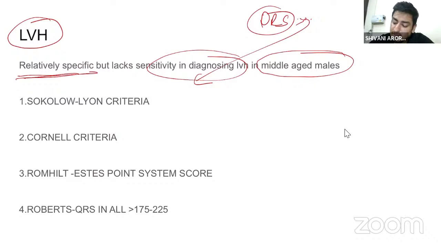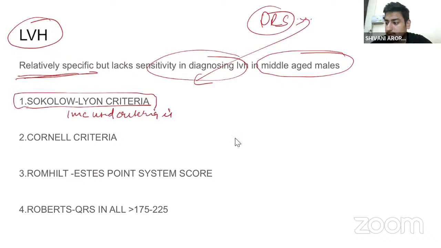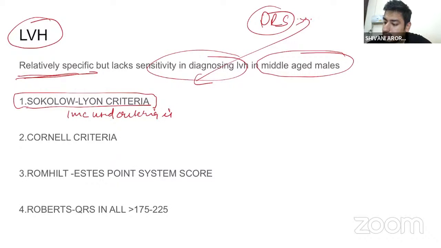The first, most important and most commonly used criteria is the Sokolow-Lyon criteria.